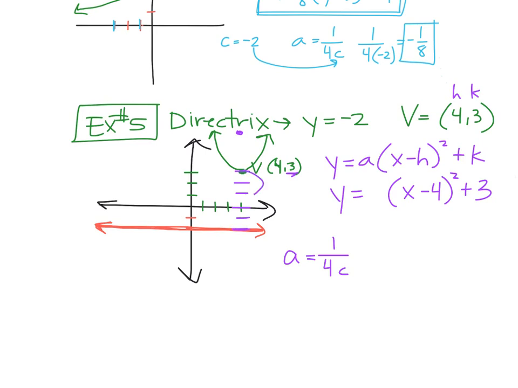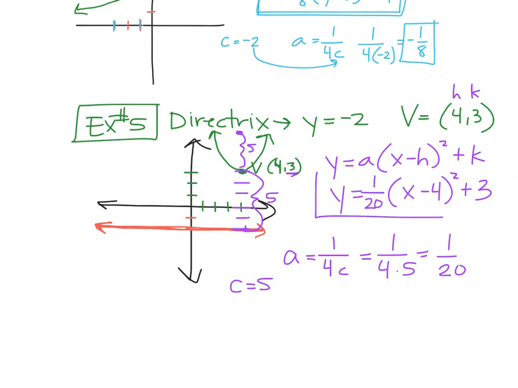So this length is a length of 5, right? We need to go up 5 then to get to our focus. So my c is 5. So when I plug this in, 1 over 4 times 5 is 1/20th. And that, my friends, is going to go right here. And we are done.